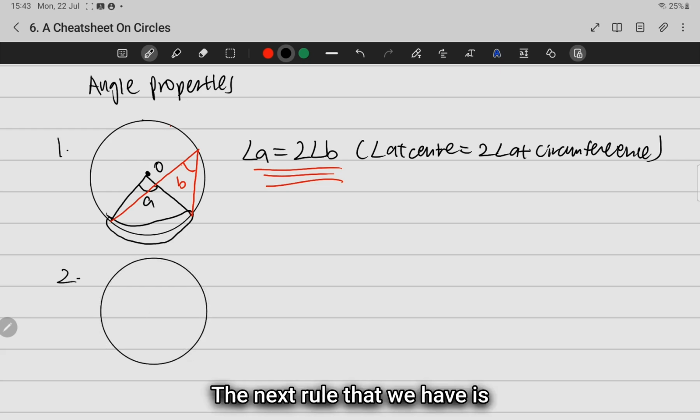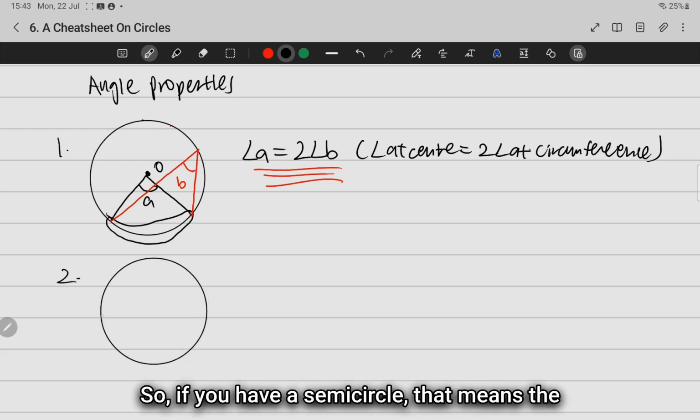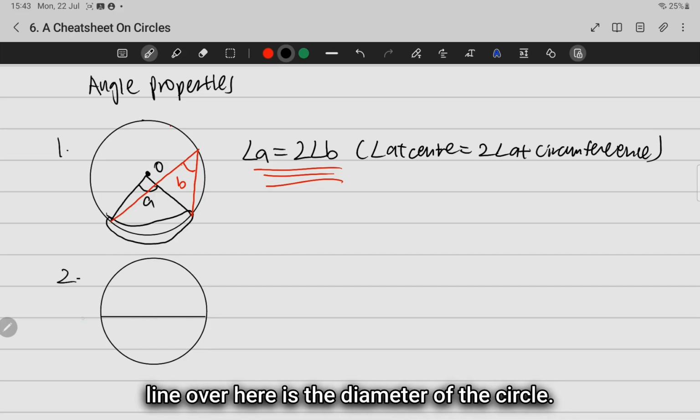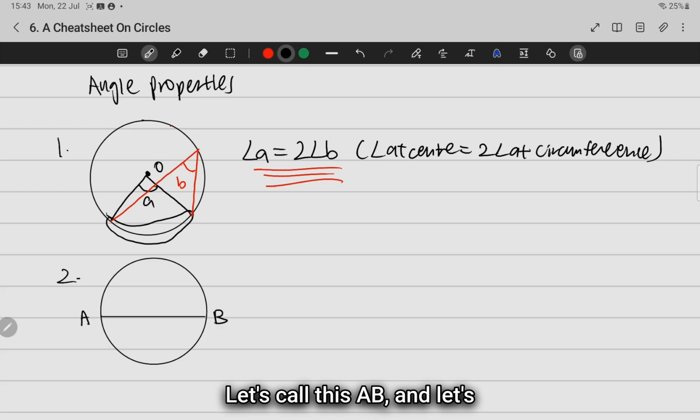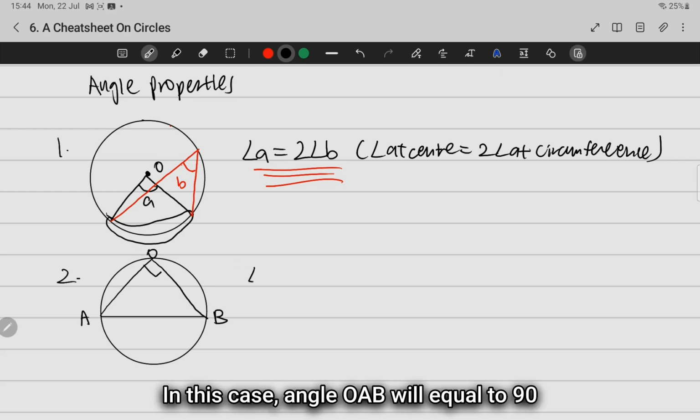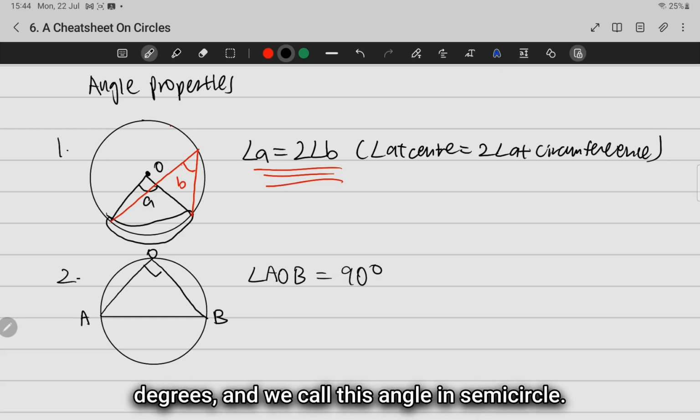The next rule that we have is what we call angle in semicircle. So if you have a semicircle, that means the line over here is the diameter of the circle. Let's call this AB, and let's call this O. In this case, angle OAB will equal 90 degrees. And we call this angle in semicircle.